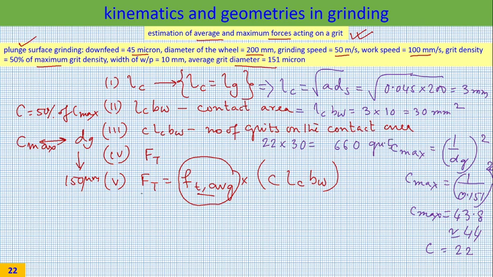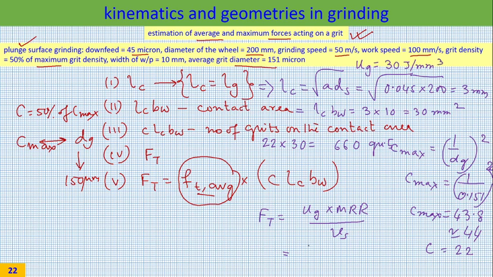Now you need to calculate FT. For calculation of FT, FT equal to UG into material removal rate divided by VS. UG has been given as, have I given UG? No. So let us say UG is around 30 joule per millimeter cube.